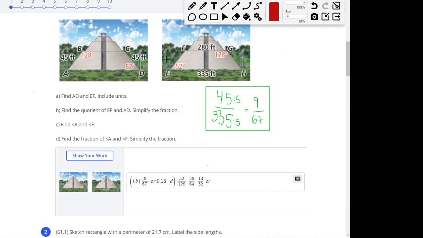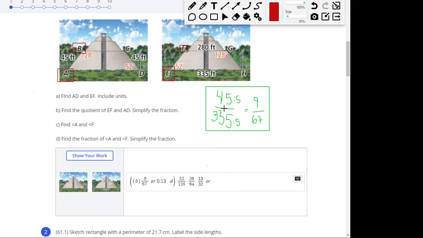Because here the distance EF, I think you watched the video, EF here is the same as AB. It's the same, 45. And 335 is the same thing. EH is the same thing as AT.